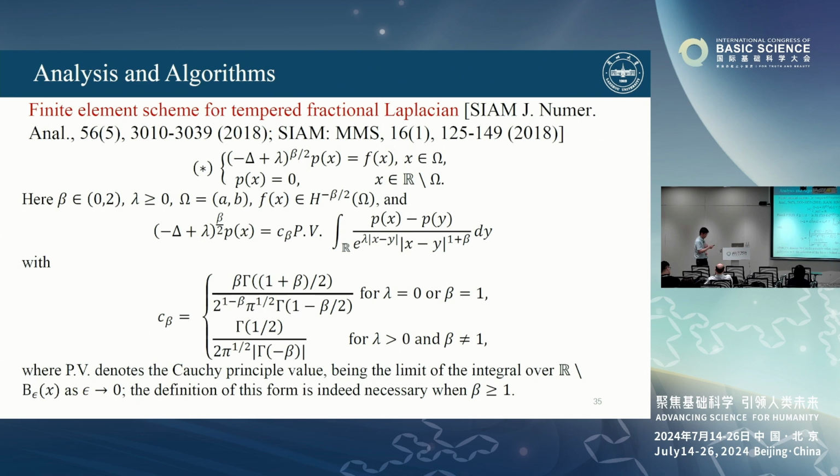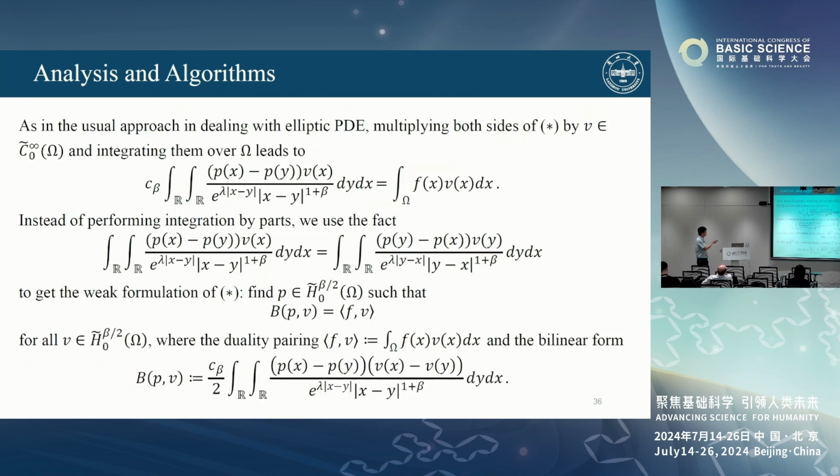This gives a simple example, the case for lambda not equal to 0. We can build the variational form. For lambda not equal to 0, we use the symmetry of the non-local operator to get a variational form. For this one, it's a non-linear form, so we can follow the ideas of the lambda equal to 0 case to do the analysis.